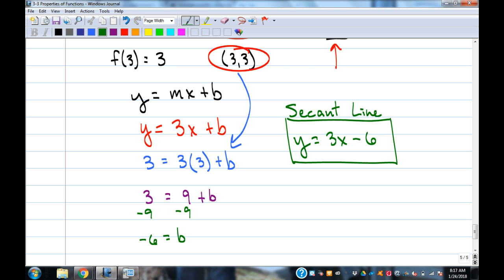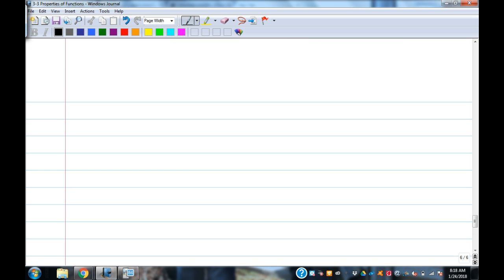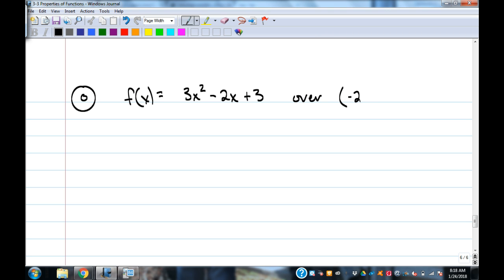Let's do one more of those. A different equation, different interval, just to get that whole shooting match going. F of x, let's go with the parabola 3x squared minus 2x plus 3 over the interval from -2 to +1.